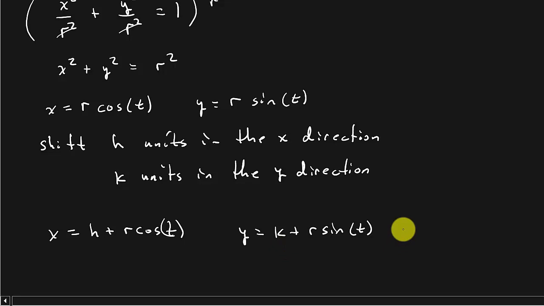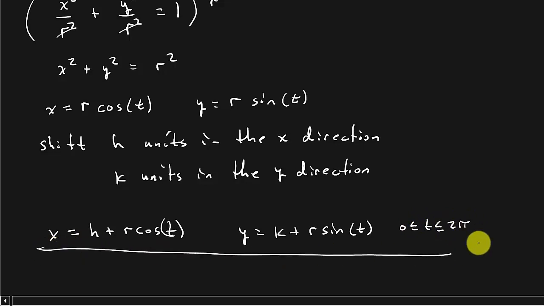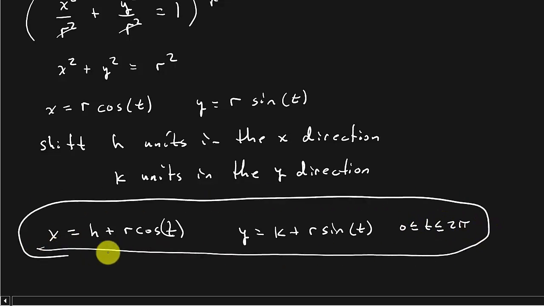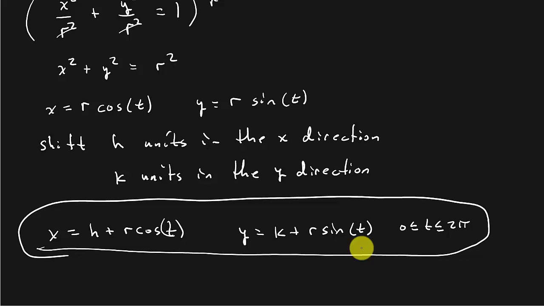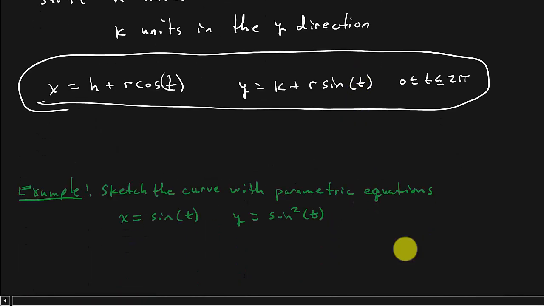And then t is between 0 and 2 pi. That's all they're wanting you to show. That would be your parametric equations for a circle with radius r centered at h, k.